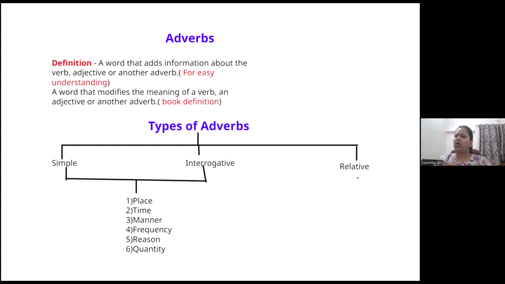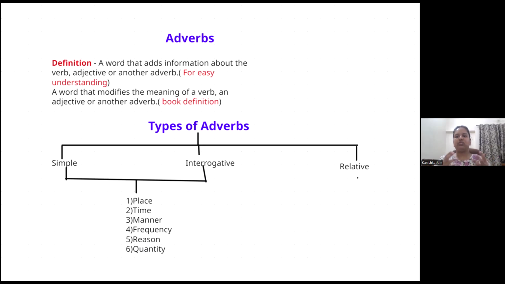Then manner. How am I teaching? Again, how is the manner. Sorry, how was never covered here, but how is going to come very frequently. How somebody is doing something is the adverb of manner.